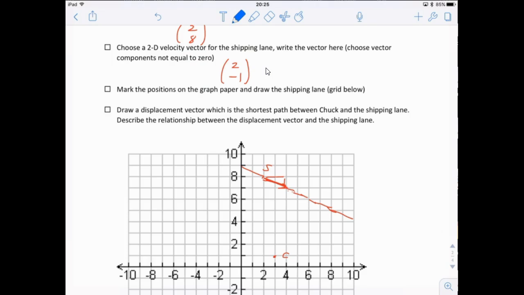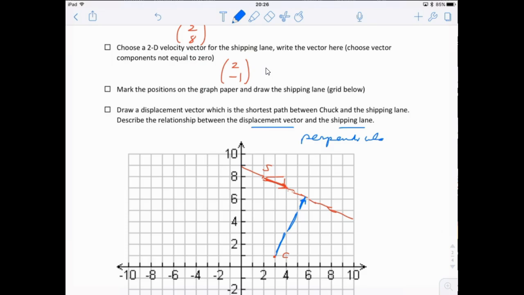Okay, and remember that the perpendicular line has a negative inverse slope as compared to the shipping lane line. Okay, so here we've drawn the displacement vector that would take Chuck to the shipping lane, and we also know that the displacement vector and the shipping lane are perpendicular.